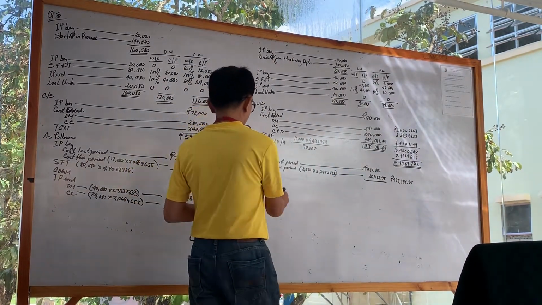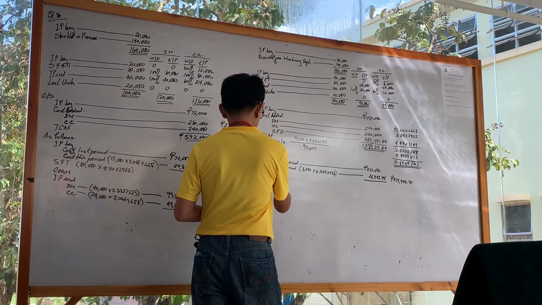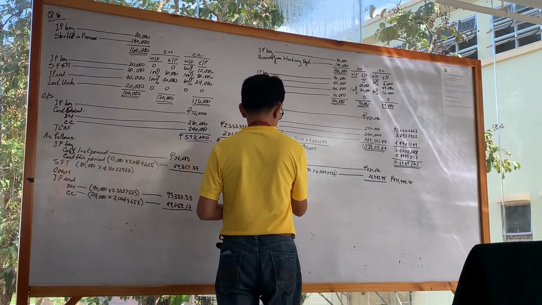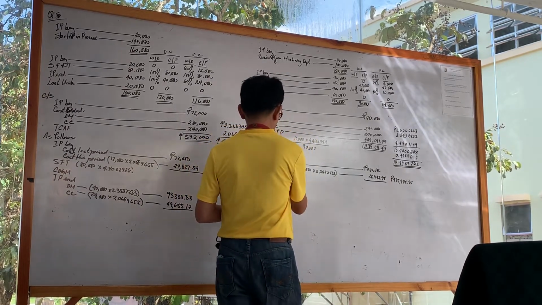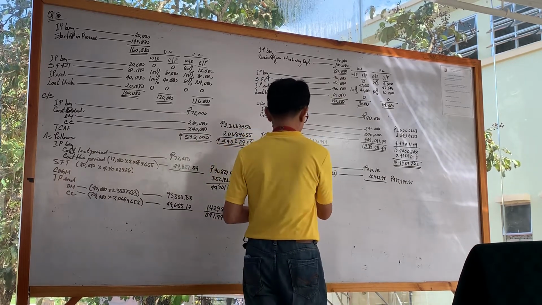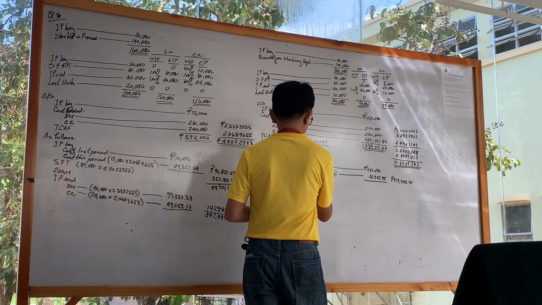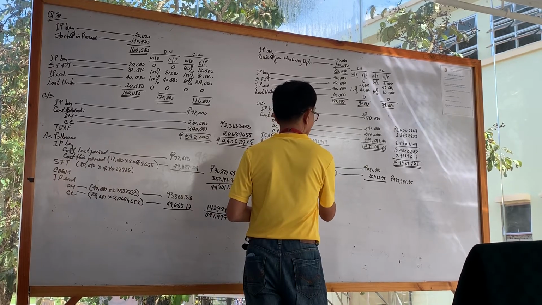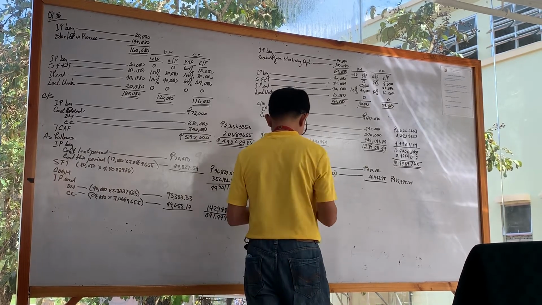Next, started, finished, and transferred. That is 50,000 times 10.898,9265.